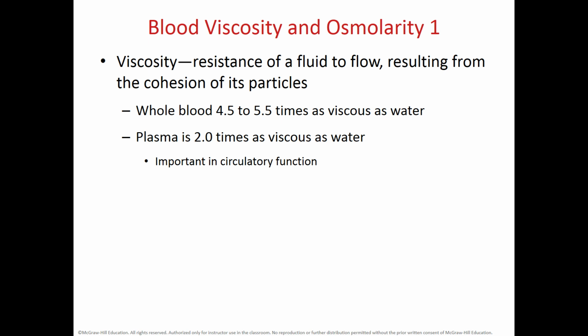This resistance results from the cohesion of the different particles that the blood will have. Blood has between 4.5 to 5.5 times the viscosity of water. And plasma itself is 2 times as viscous as water, and it is important in the circulatory function.